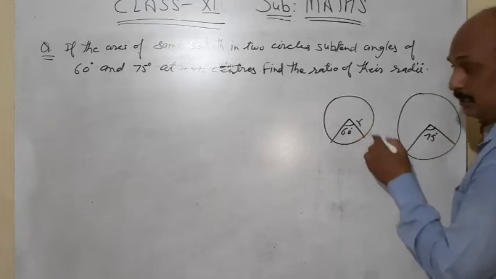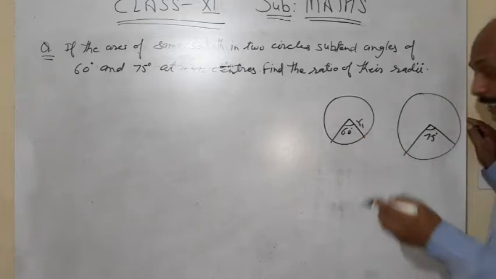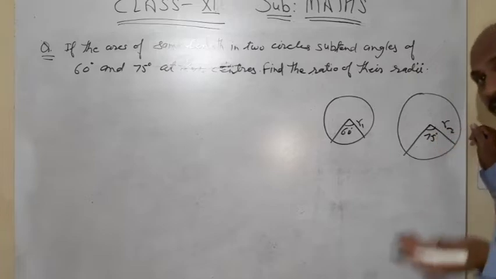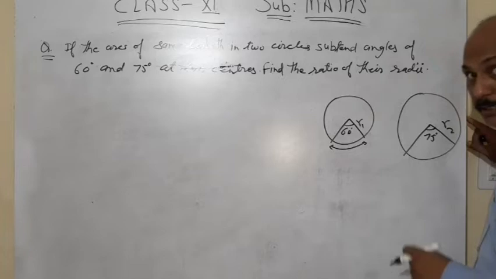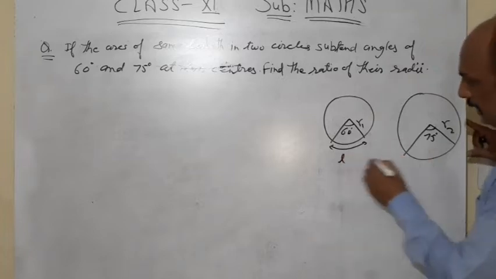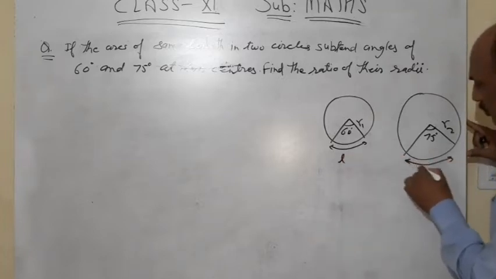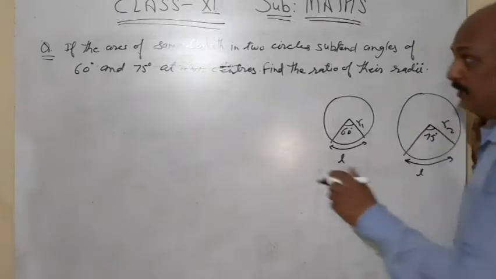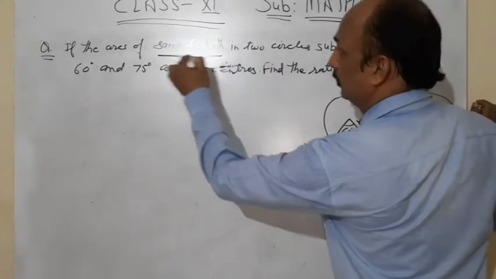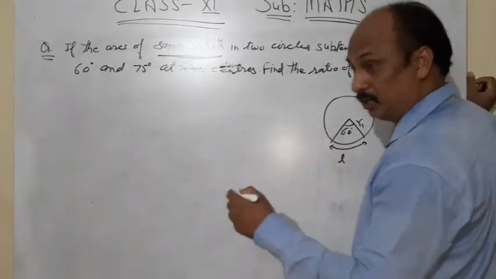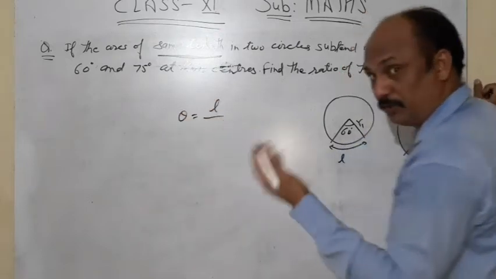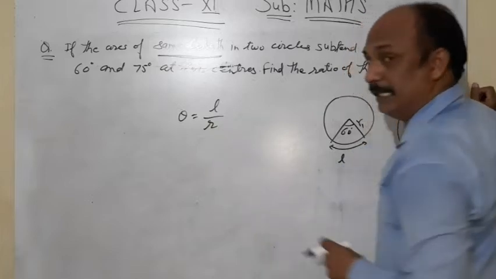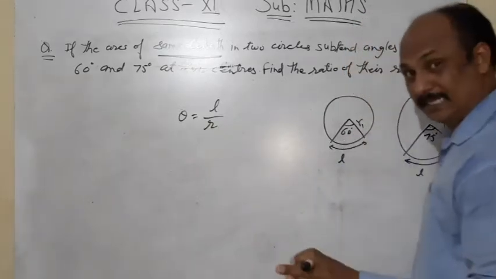Suppose this is radius R1 and this is radius R2, and the length of the arc is L for both. Given the same length, we all know that theta is equal to the length of arc upon the radius of the circle. Is that clear?